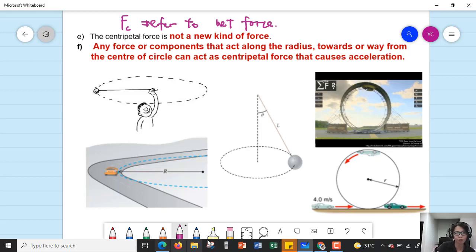Actually, centripetal force refers to the net force that acts on an object doing circular motion. So any force or any component of forces that acts along the radius, whether towards or away from the center of the circle, can act as the centripetal force that causes the acceleration in circular motion.